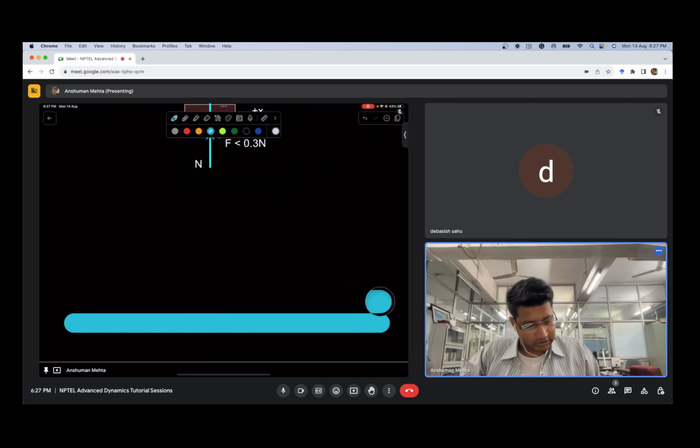Let's take this as a surface on which this truck is traveling.